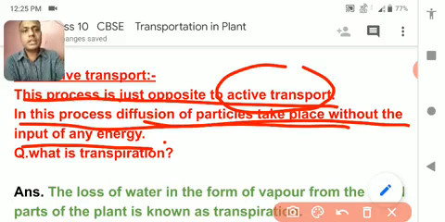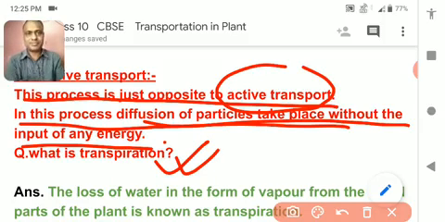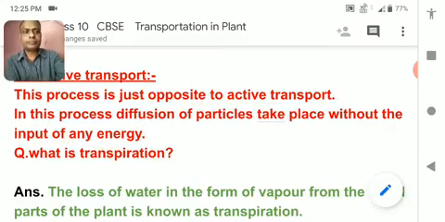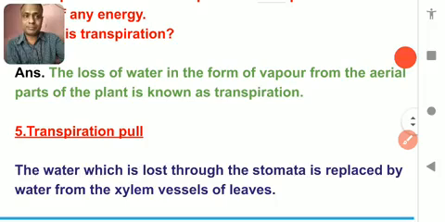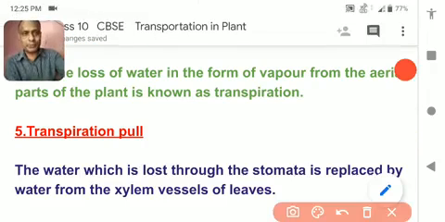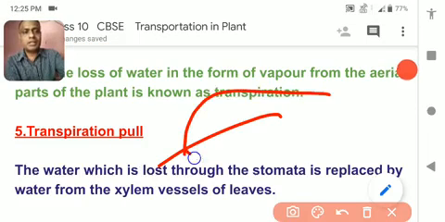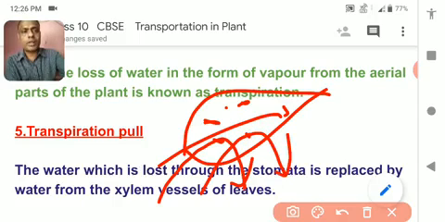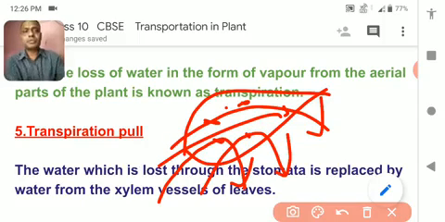I think you understood. Then what is transpiration? Transpiration is the loss of water in the form of water vapor. I think you know these things. During the day, the stomata remain open, and at that time water moves outside in the form of water vapor through the stomata throughout the day.